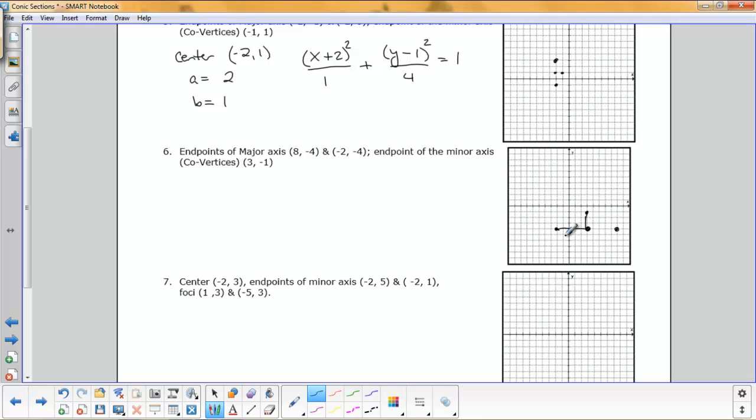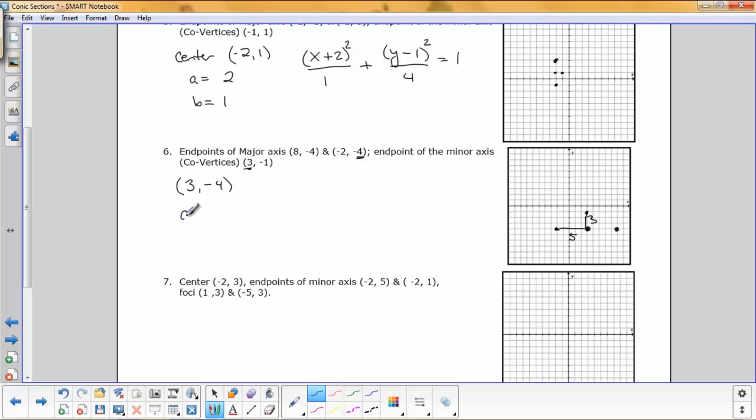The length of this A is 5, the length of this, which is B, is 3, and my center is located here at 3, negative 4, which incidentally is there and there.